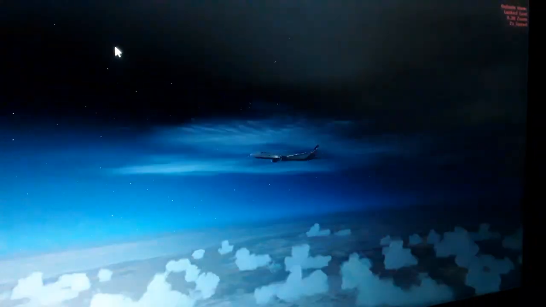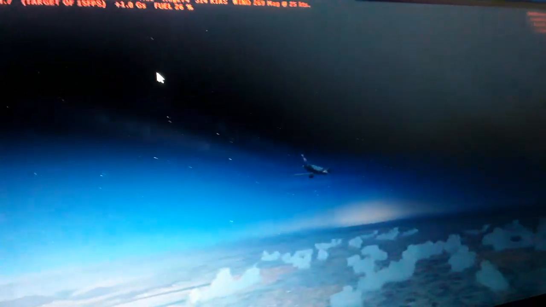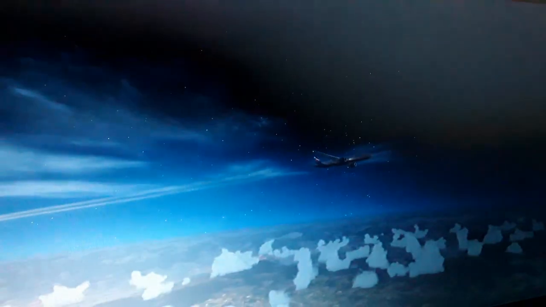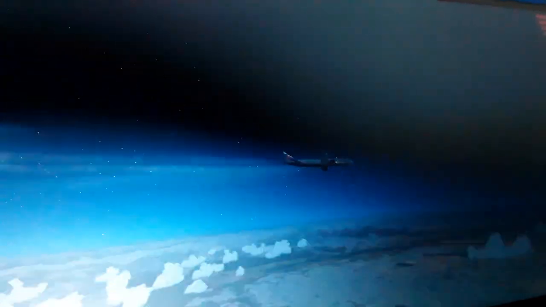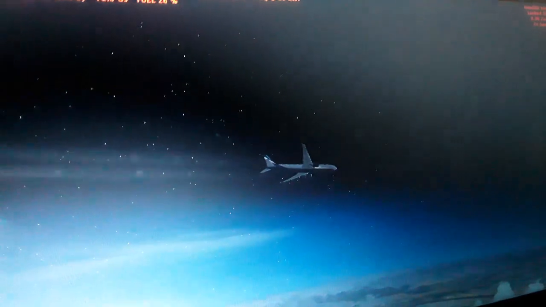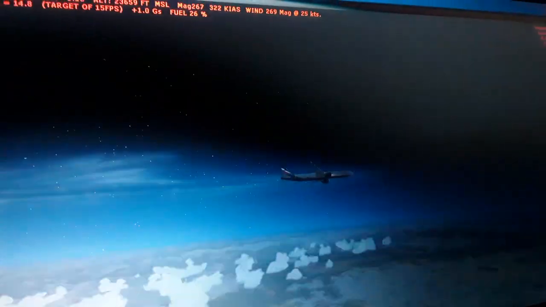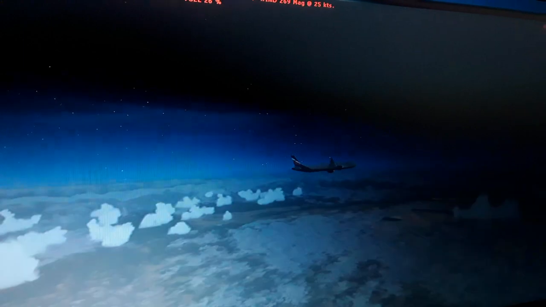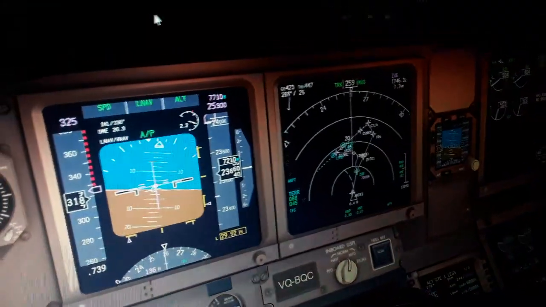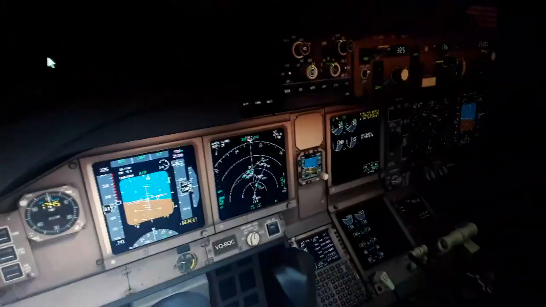We keep flying 35,000 feet here with 900 kilometers an hour or 300 meters per second. So this is our spacecraft for tonight, the Boeing 777-300ER, 35,000 feet above sea level. So we're gonna stabilize here.